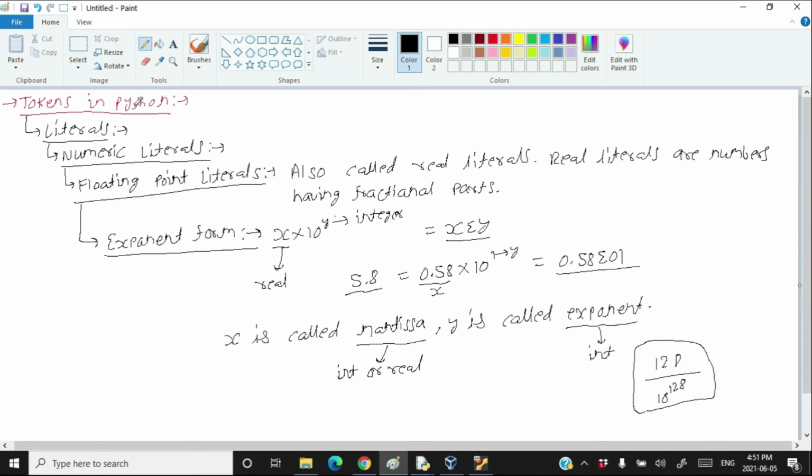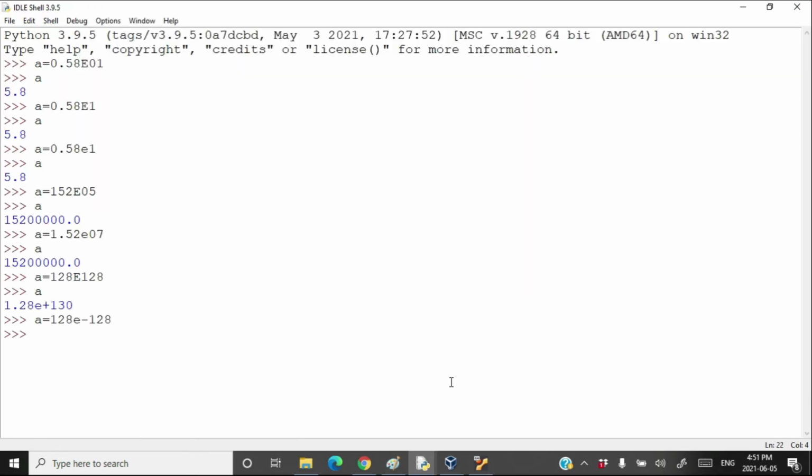Very, very, very small number. Press enter, type A, and here it is. You can see how easy it is to represent a very big or very small number by using the exponent form. Otherwise, just think how many zeros you had to write in order to represent these numbers.